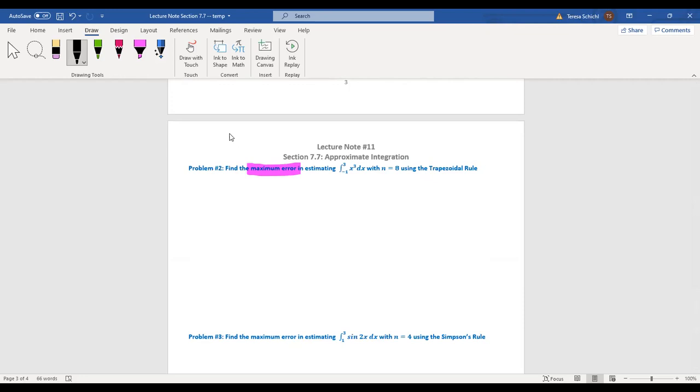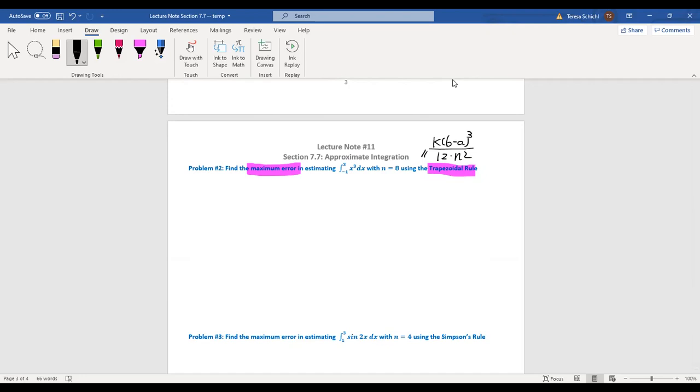For the trapezoid, from the previous page, I know the maximum error is k times (b minus a) cubed, over 12 times n squared.